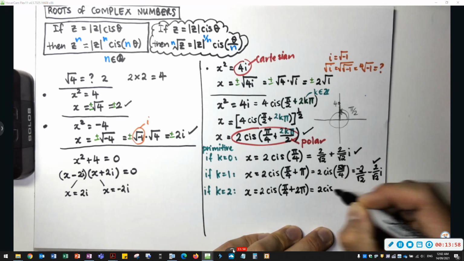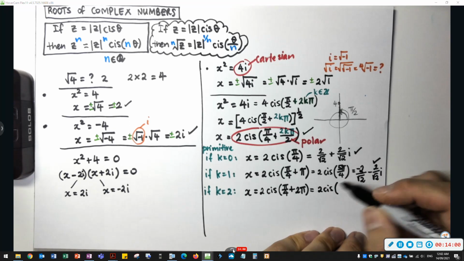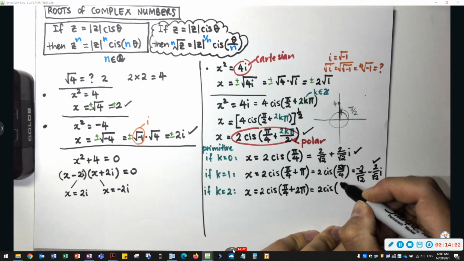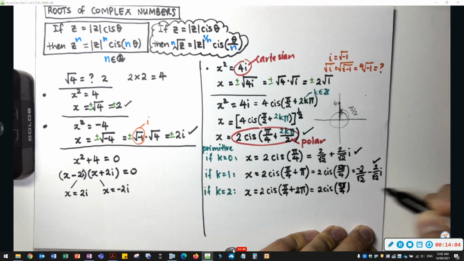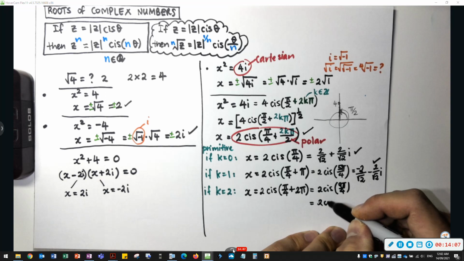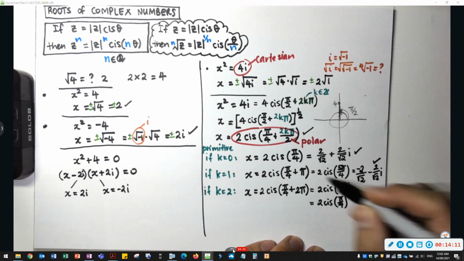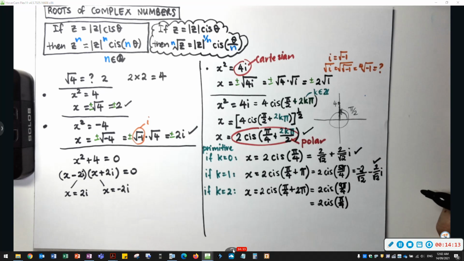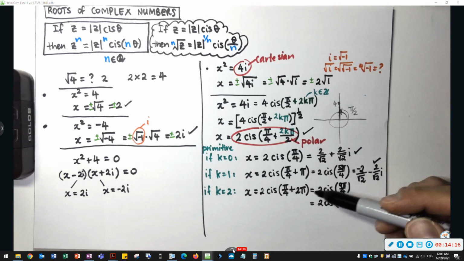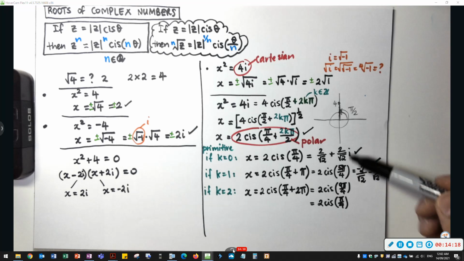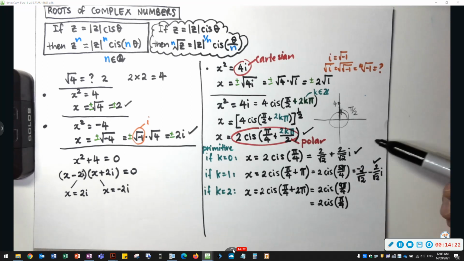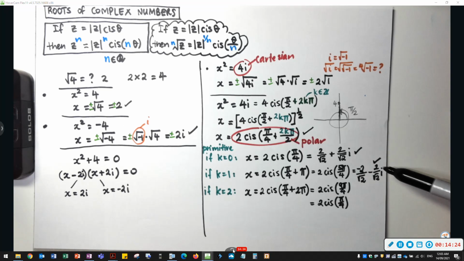So you could write that this is 9 pi on 4, but you're wasting your time, okay? So it's really the same as 2 cis pi on 4, which is the same solution as back at k equals 0. So what's going to happen is you'll eventually hit this point where you're just cycling through the same solutions again, repeating them over and over again. What's more important is that you only need to have 2. So the ones that I've ticked here, they are the answers to the square root of 4i.